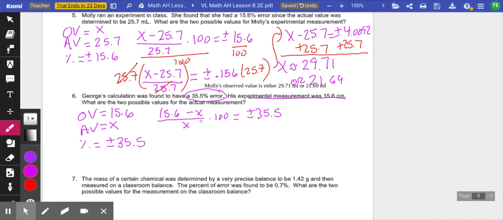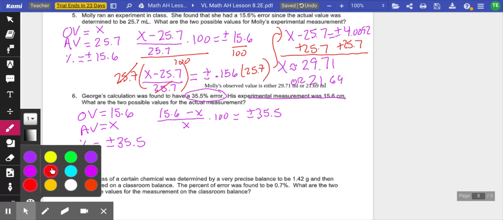Again, I'm trying to get the x's alone, so I have to undo that 100. So I'm going to divide both sides by 100. So when I do that, I get 15.6 minus x over x equals plus or minus 0.355.